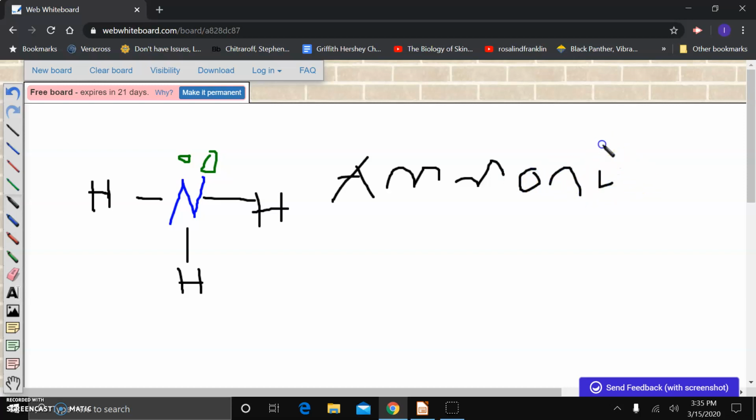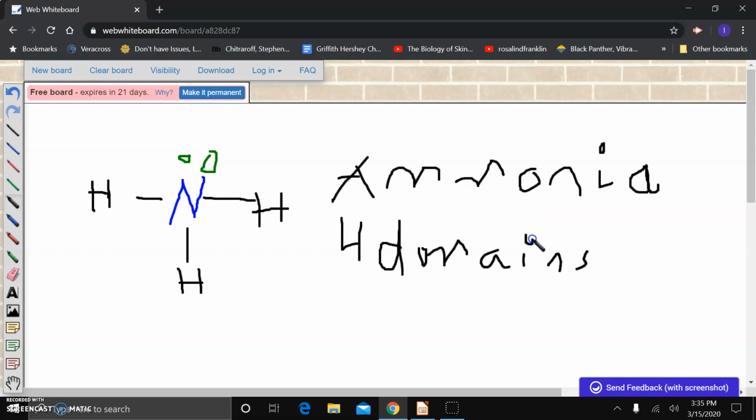And its molecular geometry is based on its electron geometry. So its electron geometry, it has 1, 2, 3, 4 domains. So 4 domains. So it's tetrahedral, right? Tetrahedral.